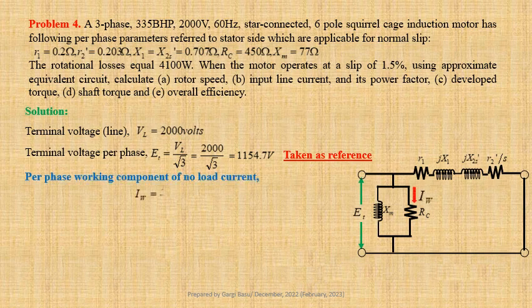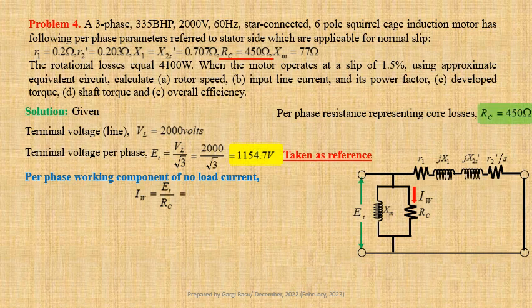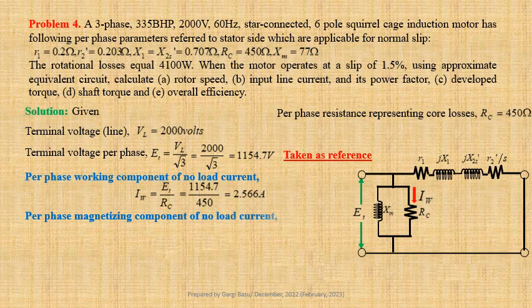Let us now calculate per phase working component of no load current. IW equals ET divided by RC. Given per phase resistance representing core losses, RC equals 450 ohm. Therefore, IW equals 1154.7 divided by 450, that is equal to 2.566 ampere. Per phase magnetizing component of no load current, IM equals ET divided by XM.